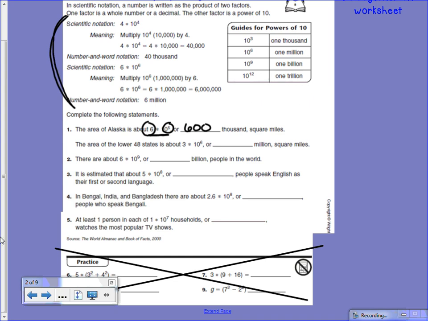Okay, so the area of the lower 48 states, which would be us, all the 48 states that touch, is about 3 times 10 to the 6th, or blank million square miles. So what do I do first? If I want to get that scientific notation into standard form, Lincoln, what am I going to do first?